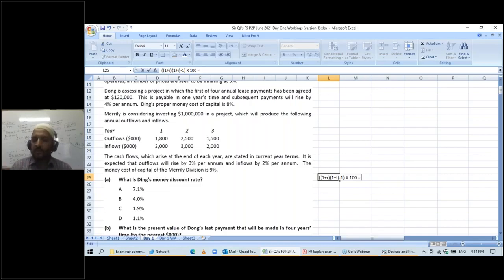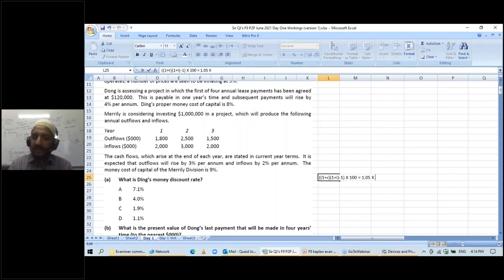So first, this question requires the money rate. The real rate being given in the question is 5%. So first of all, we will calculate 1 plus R. R is 5% divided by 100, which makes 1.05. We will multiply this 1.05 with 1 plus the inflation rate.